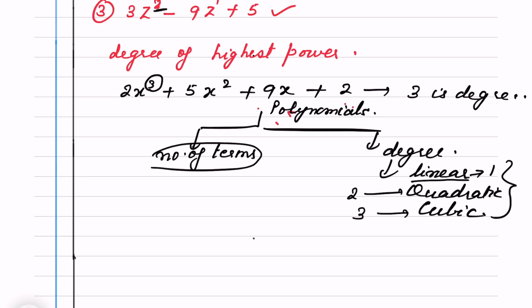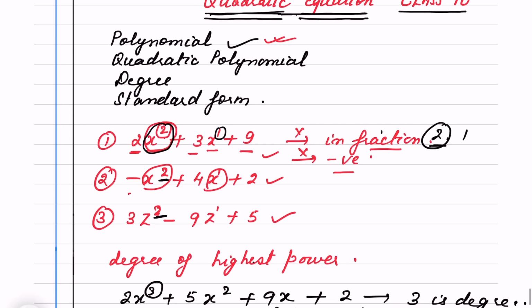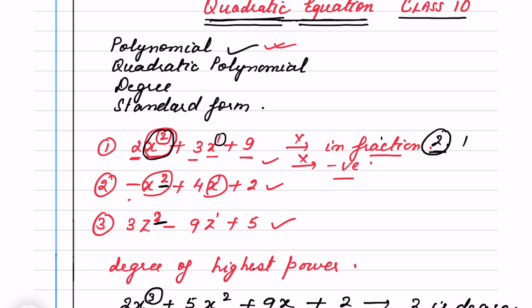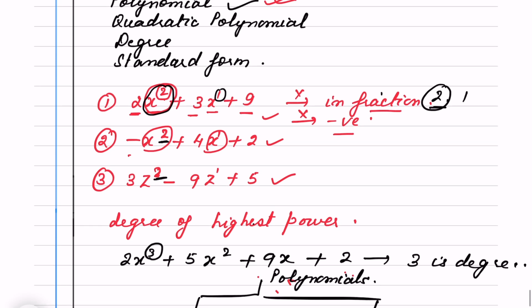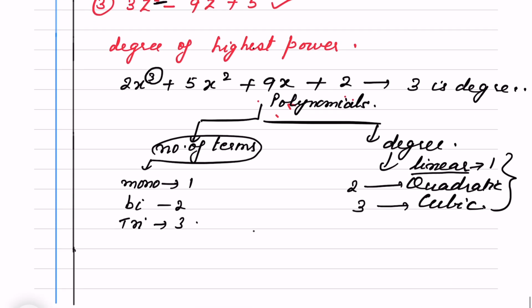According to the number of terms, we have monomial having one term, binomial having two terms, trinomial having three terms, like this. So these are the basics of polynomial: what exactly a polynomial is, what a quadratic polynomial is, which is of degree 2, and what is the standard form.